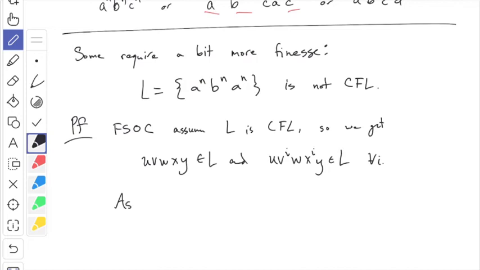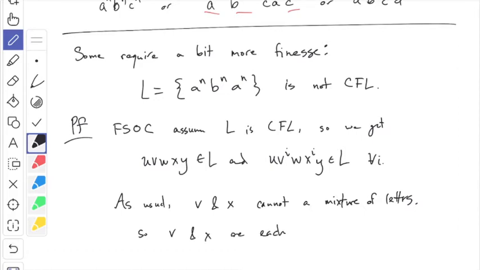As usual, the V and the X cannot have a mixture of letters. So V and X are each all A's or all B's, right?